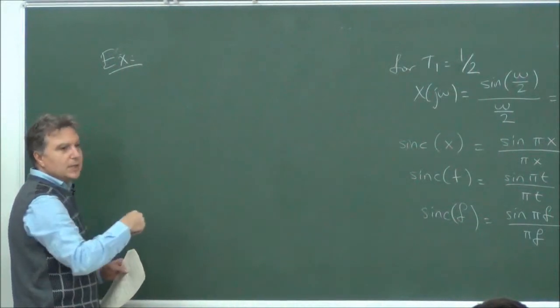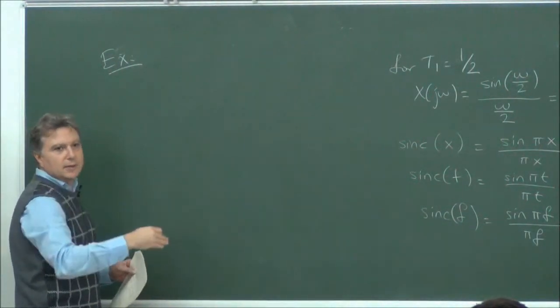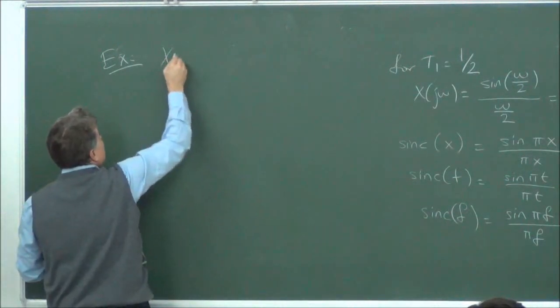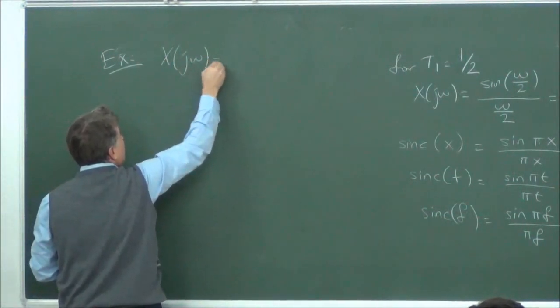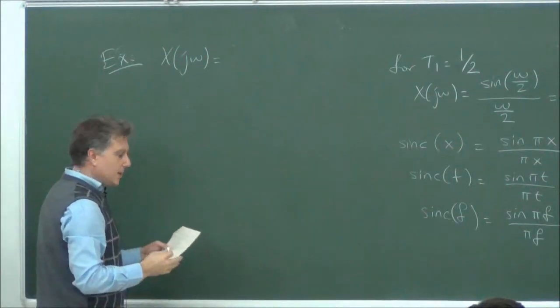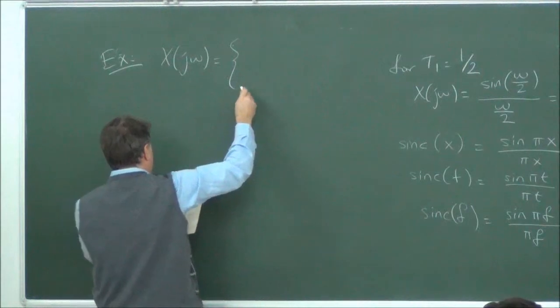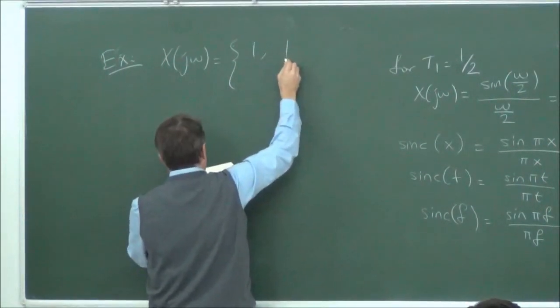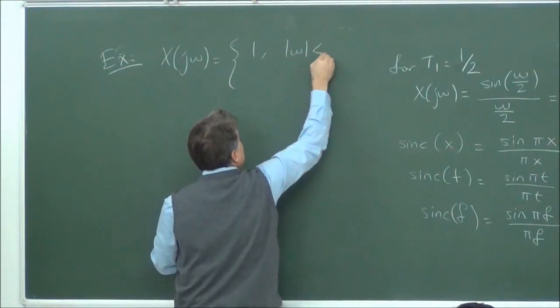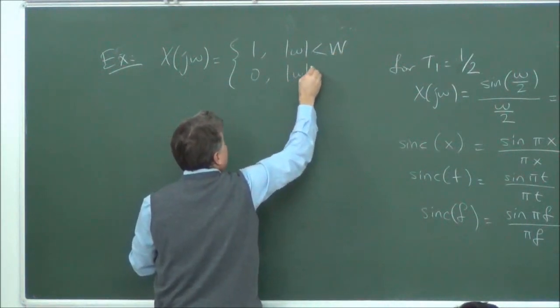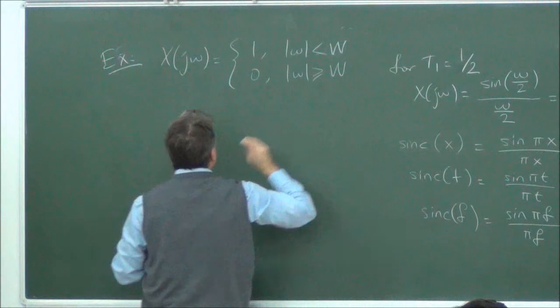And for the inverse Fourier transform, we have e to the plus j omega t. That's the basic difference. Now, I'm giving you the Fourier transform, and I will be asking you the time signal. And that is equal to 1 for frequency less than w, and 0 if the frequency is greater than w, or else you can say.